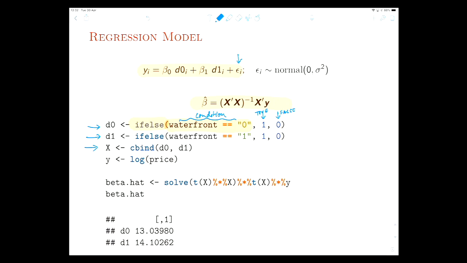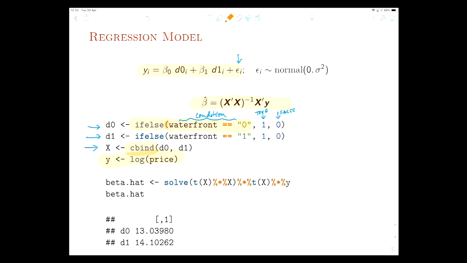Then we combine the two variables D0, D1 into a matrix X, a design matrix X. The command we use for that is cbind. cbind stands for binding of columns: C for columns and bind to bind them together. Essentially, cbind takes a series of vectors and combines them into a matrix. Y obviously is our log price.